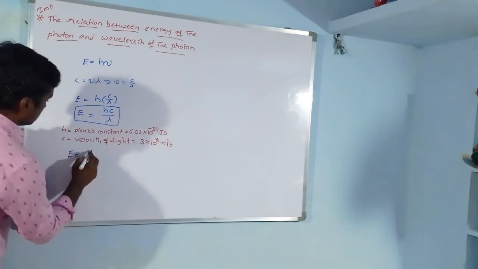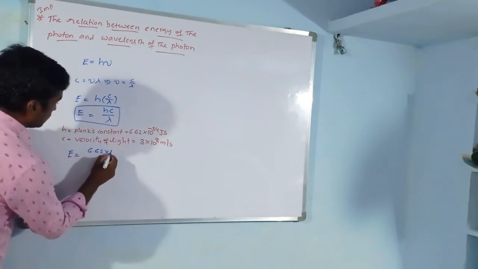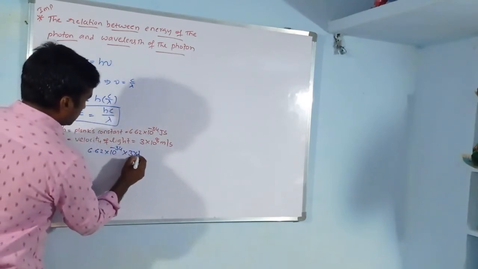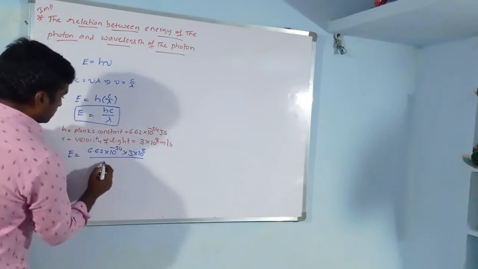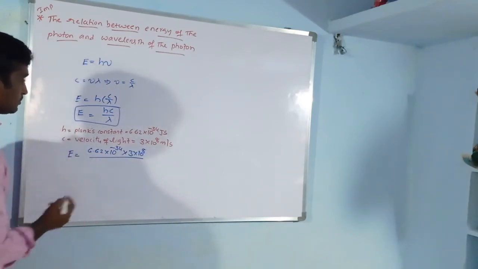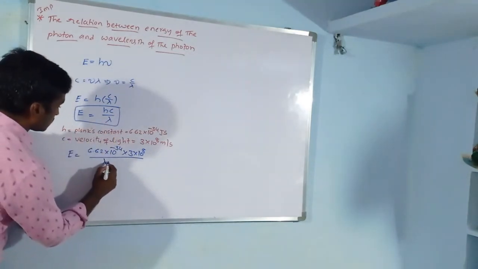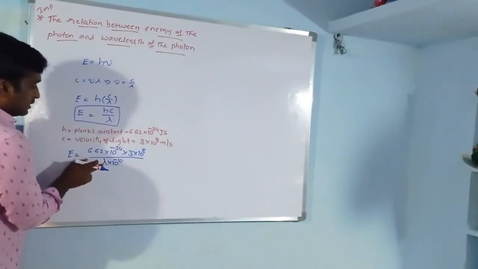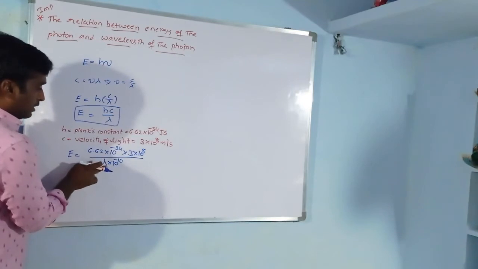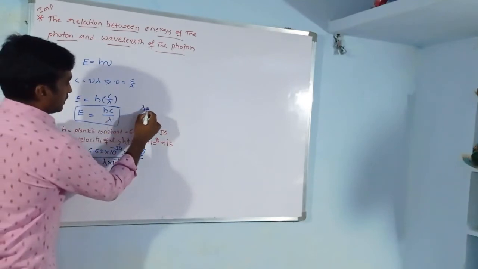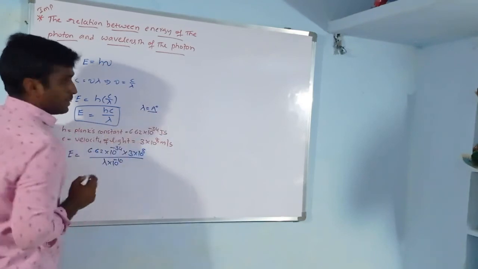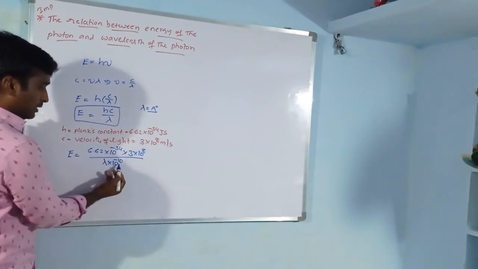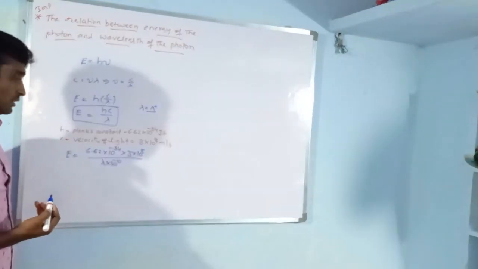E = 6.62 × 10^-34 × 3 × 10^8 divided by λ × 10^-10. Why am I taking it like this? The λ value is always in angstroms. If you want to convert angstroms into meters, we have to multiply by 10^-10.